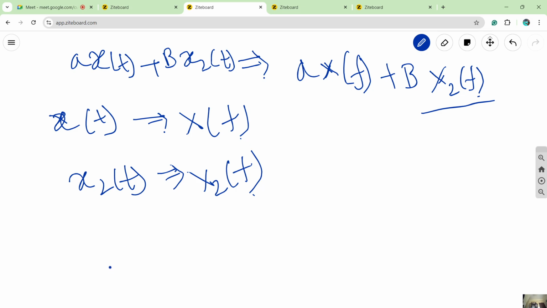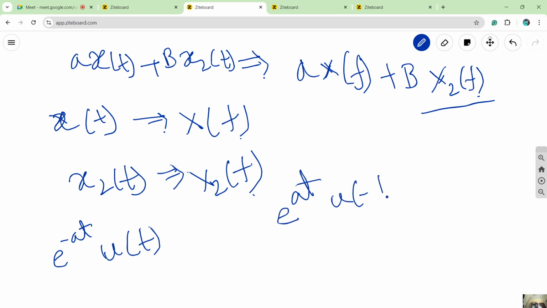So first what we do here, actually we try to find out what is the Fourier transformation of this particular signal. There are two parts. First part is e to the power minus at u of t, and another part is e to the power at u of minus t.